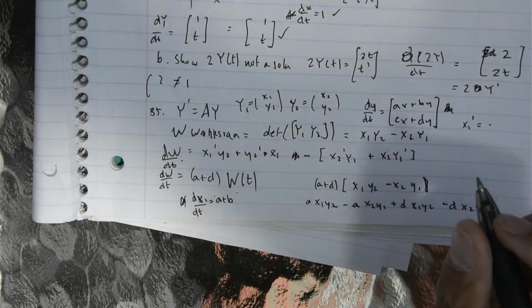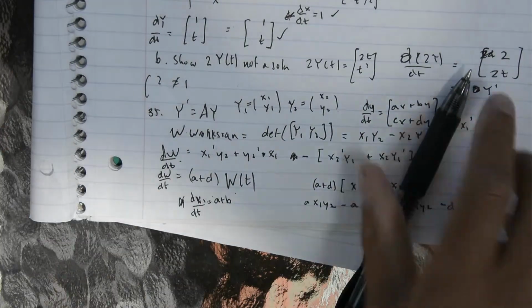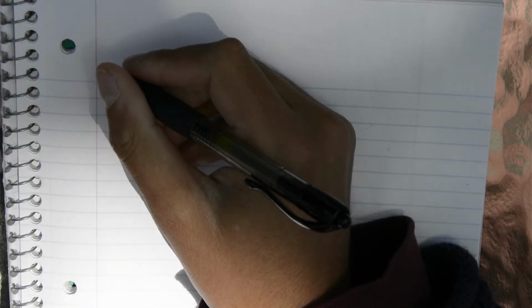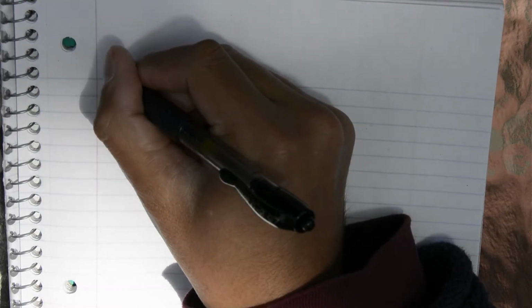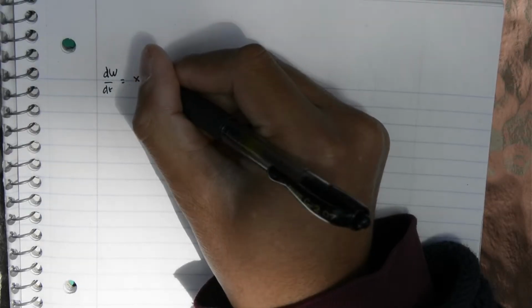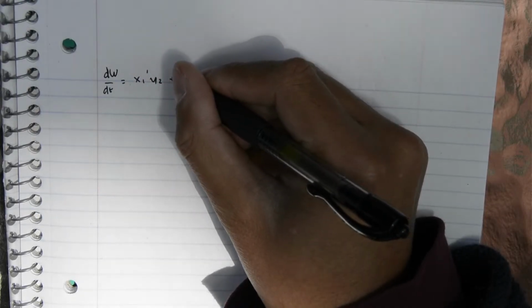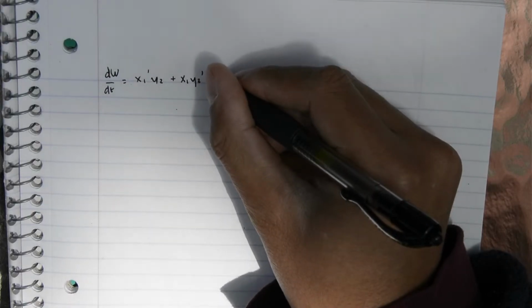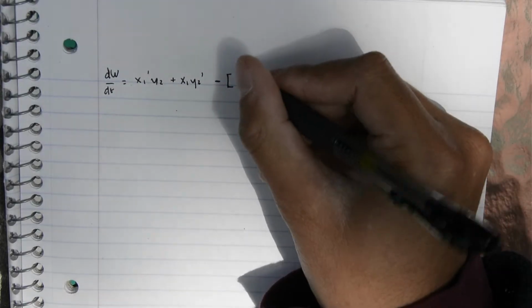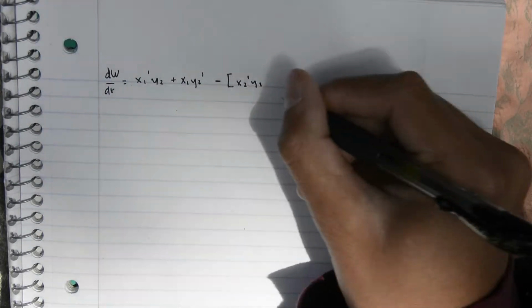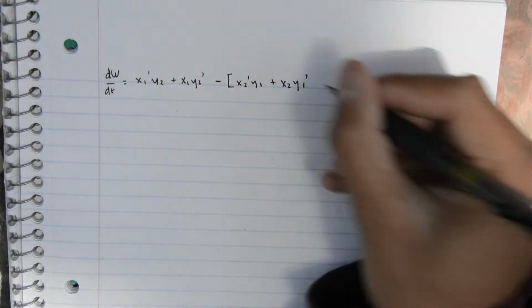I think it is, right? So dW/dt is equal to x1 prime y2 plus x1 y2 prime minus x2 prime y1 plus x2 y1 prime.